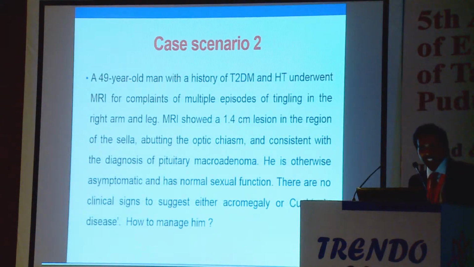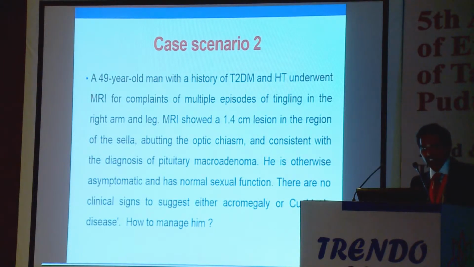And this is the second case scenario. A 49-year-old man with a history of type 2 diabetes and hypertension. He had an MRI done for multiple episodes of tingling in his right arm and leg, and that incidentally picked up a 1.4 centimeter lesion in the region of the sella, abutting on the optic chiasma, and it was consistent with a microadenoma.